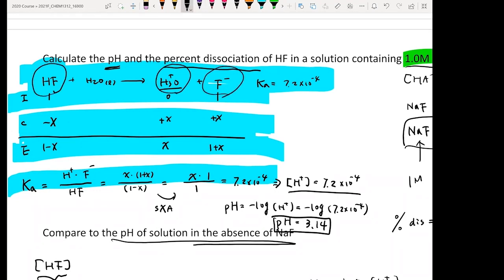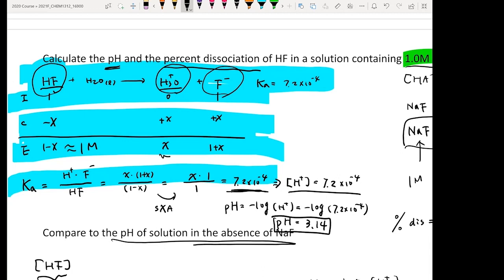So the X we saw for these at equilibrium after you throw in this sodium fluoride salt is very small, right? 7.2 times 10 to the negative 4. What is the concentration of your HF? It's 1 minus a small number, so it's around 1 M.